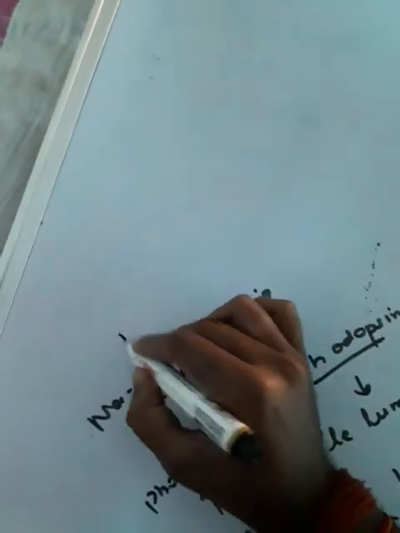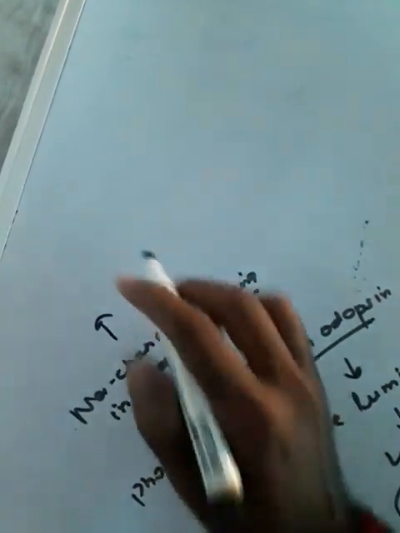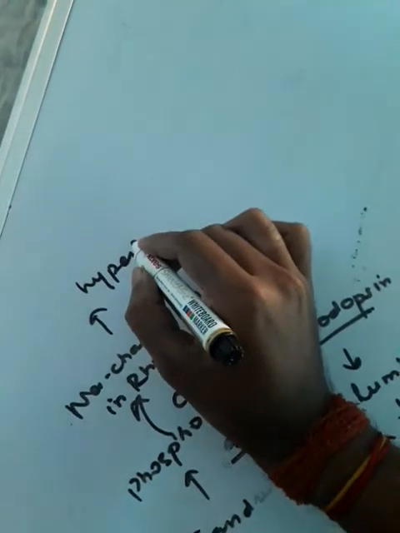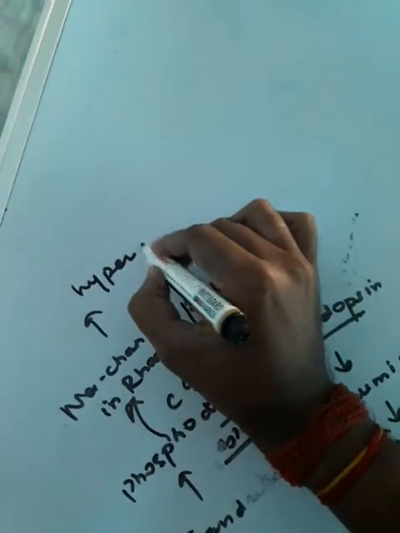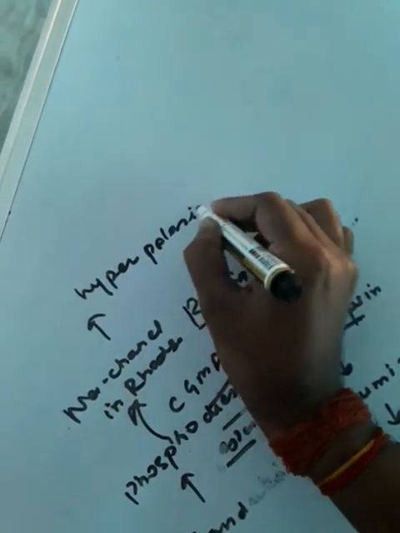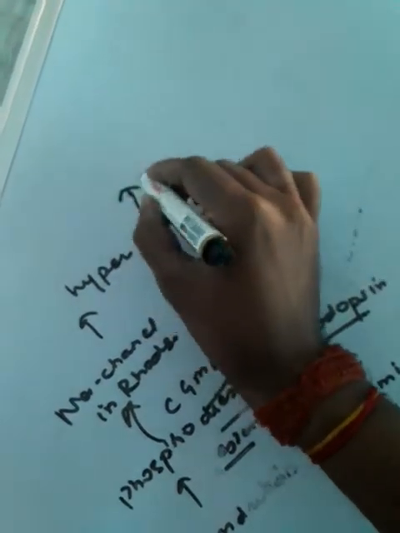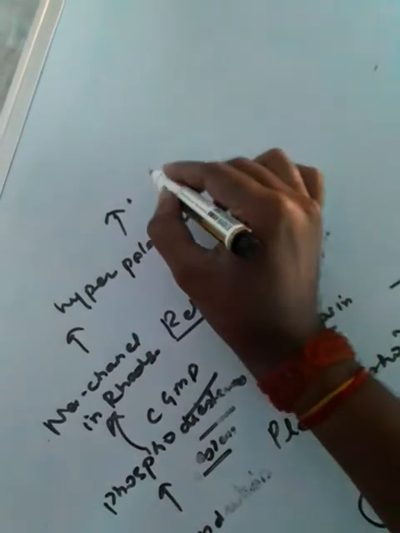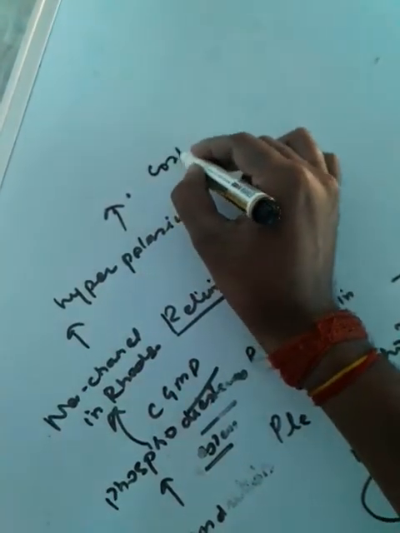Okay, and when the sodium channel is stimulated, they cause hyperpolarization in the nerve cells. After hyperpolarization, an excitatory response to the visual cortex takes place.